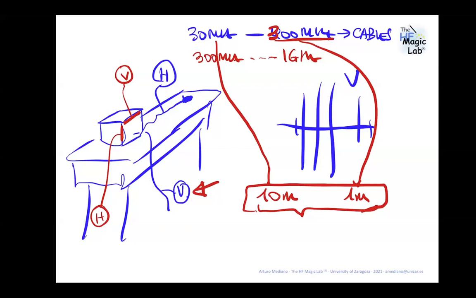Are all the oscilloscope measurements done here near field ones? In my demo, probably yes. I am not working in the full far field because I am working at 100 megahertz, which means that lambda is 3 meters.